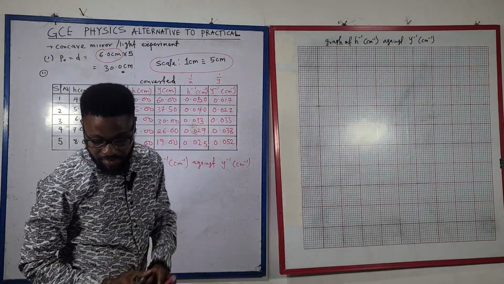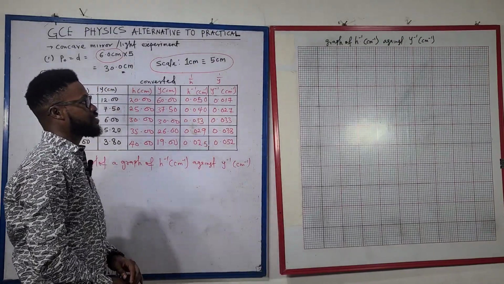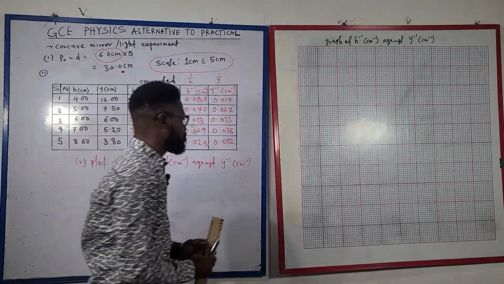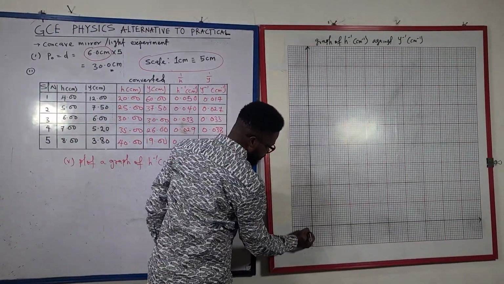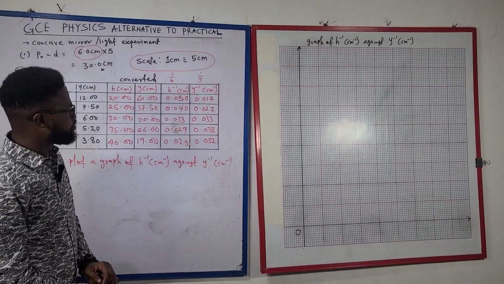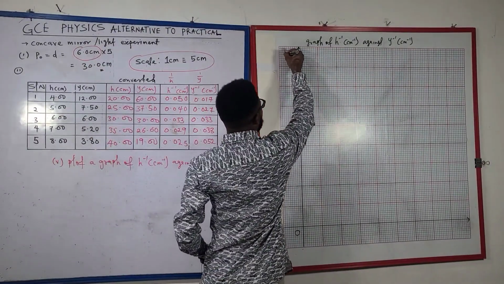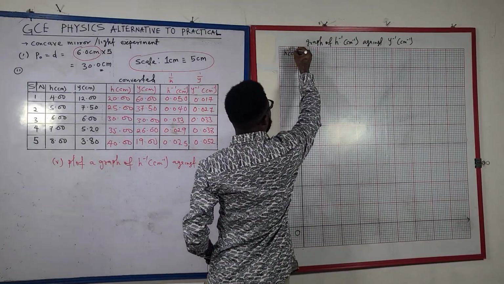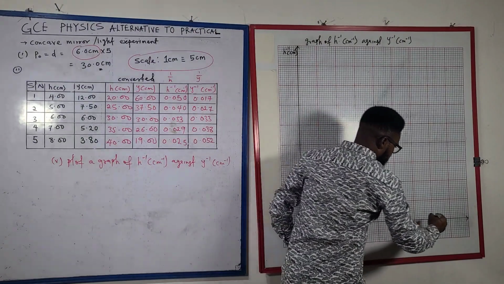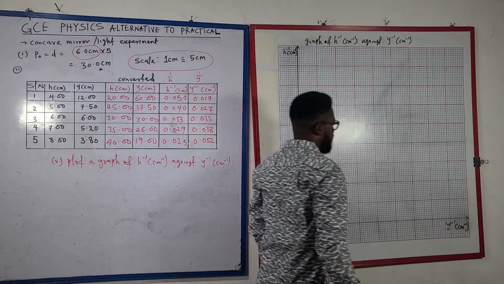What that means is that my h raised to power minus 1 is going to be on the vertical axis, and my y raised to power minus 1 is going to be on the horizontal axis, both axes from the 0 origin. So this is my h raised to power minus 1 in per centimeter. This is my y raised to power minus 1 also in per centimeter.